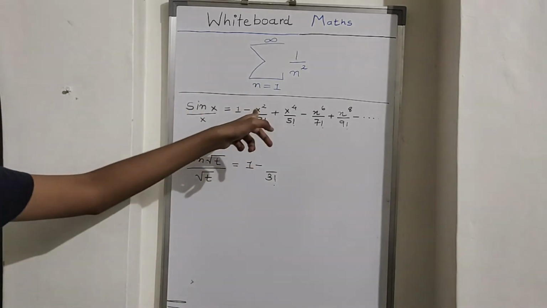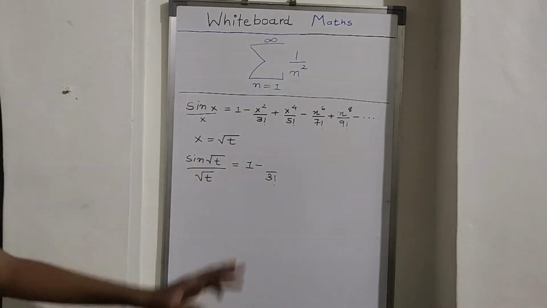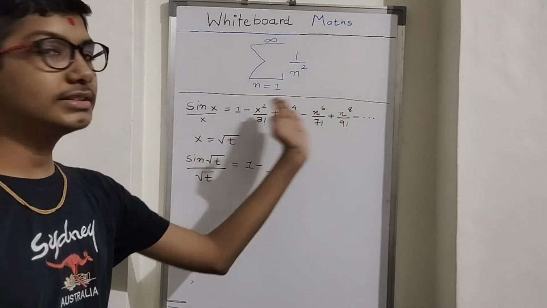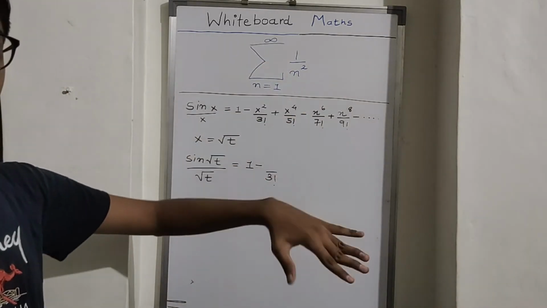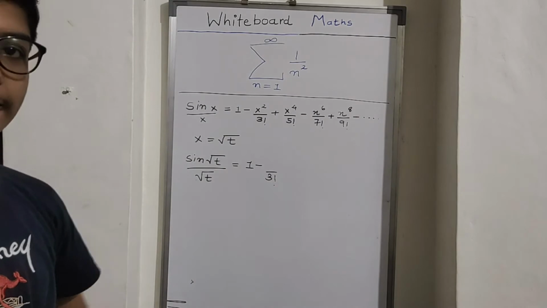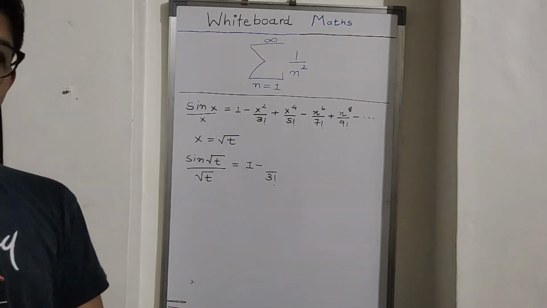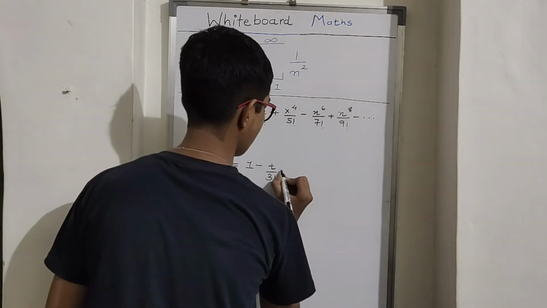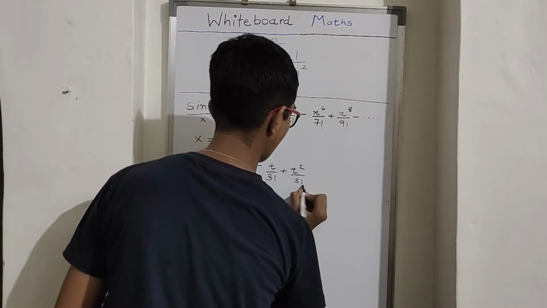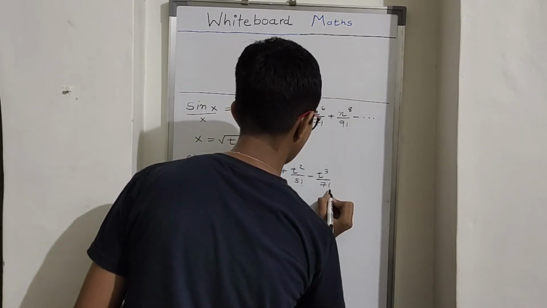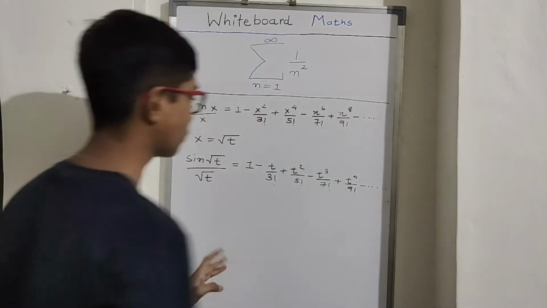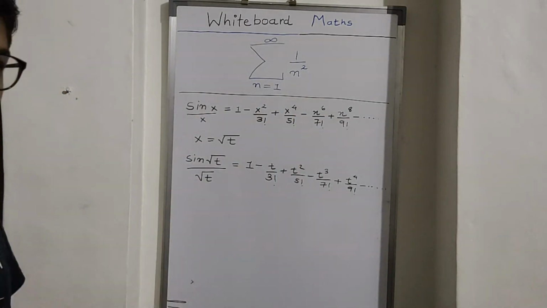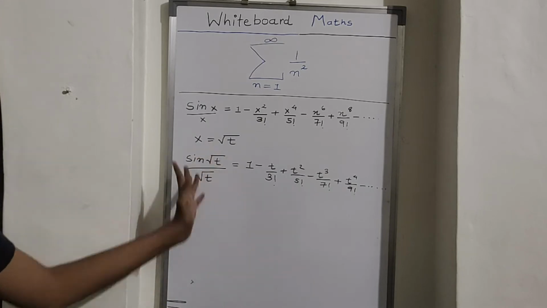So if we substitute square root of t here, these are all even exponents. So the square root will cancel with all of the numbers and we would be left with 1, 2, 3, 4, etc. So this is the infinite series expansion of this function.